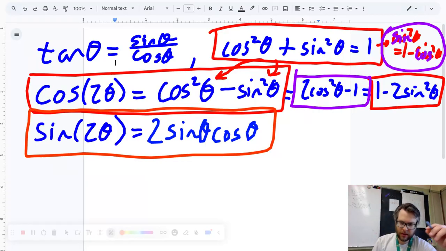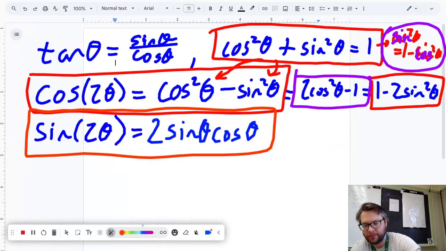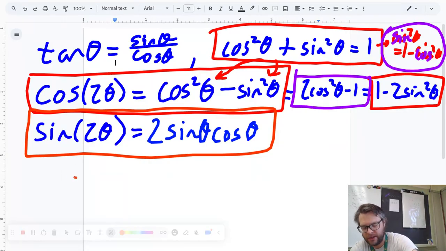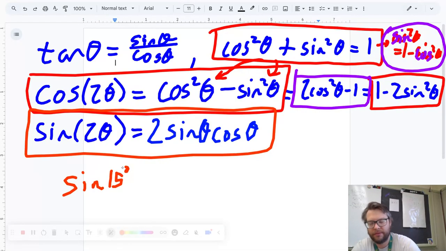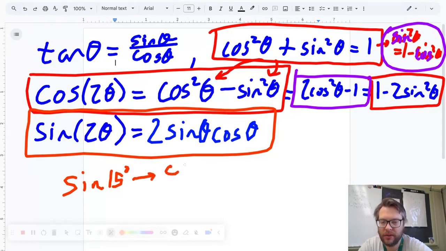So using all of those things together here, you can do some different things like find an angle that you want to know. So for example, let's say that I wanted to find the value of sine of 15 degrees. Okay. Well, what I can do is I could use either cosine or sine.